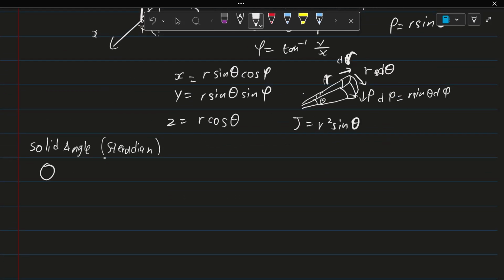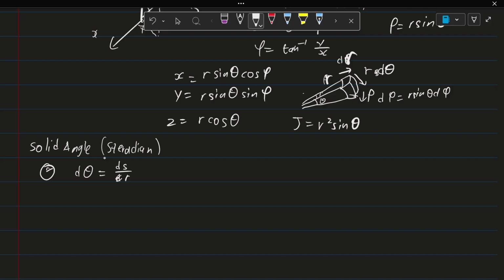If you have a circle of length r, you know that the angle is going to be ds over r, in which s is just a small part of this entire length. If you integrate this s, you would get the circumference over r, which is 2 pi.